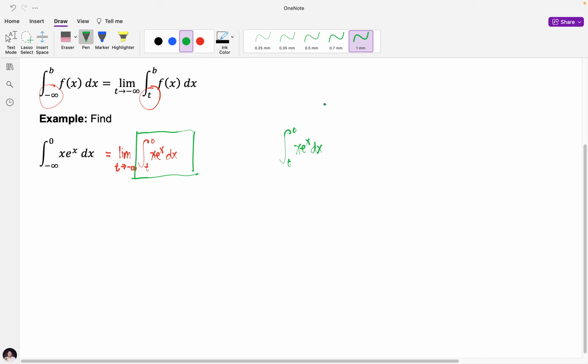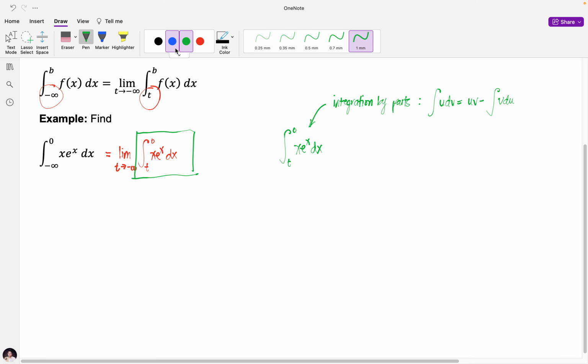So ang gagamitin is again integration by parts. Okay? So according to integration by parts, that is the integral of u dv is equal to uv minus the integral of v du. Okay? So we will identify our u and dv in our expression.